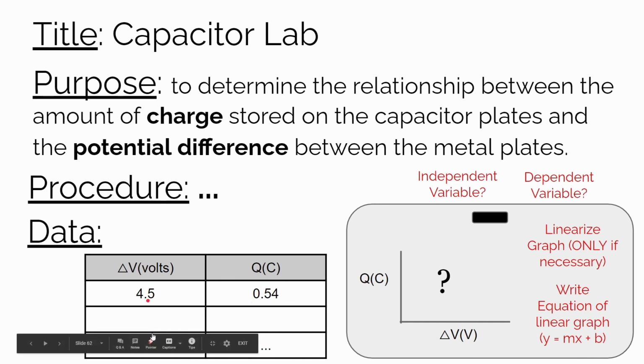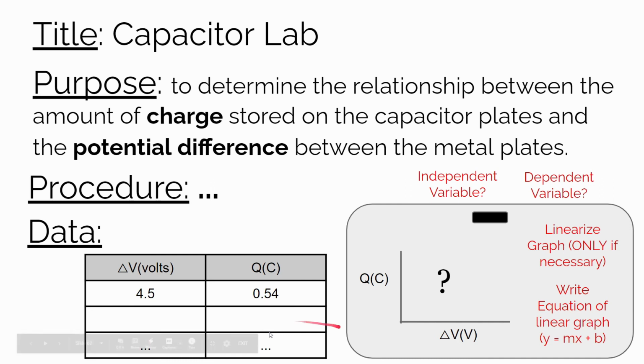And so, like we said, for 4.5 volts for that capacitor, maybe not yours, there's 0.54 coulombs stored on those plates. You'll do that for maybe 6 to 8 different potential differences, and find out 6 to 8 different amounts of charge stored on those capacitor plates.